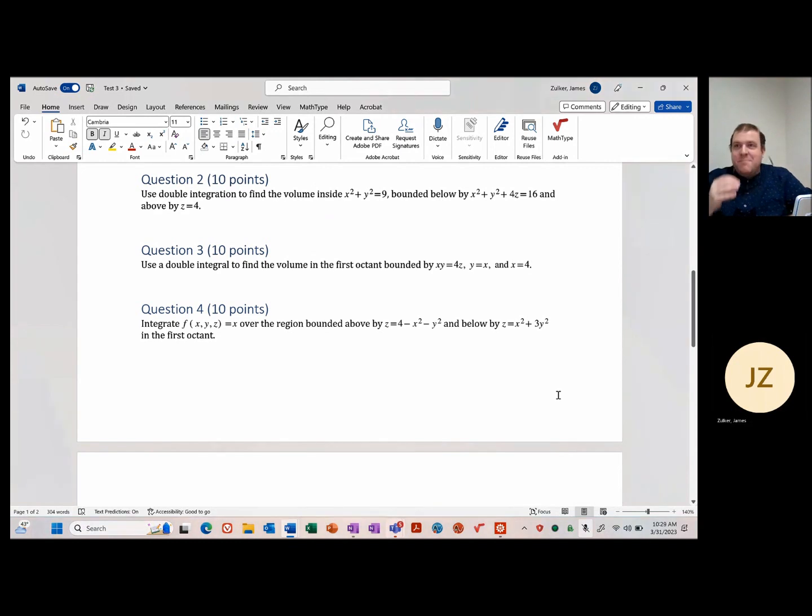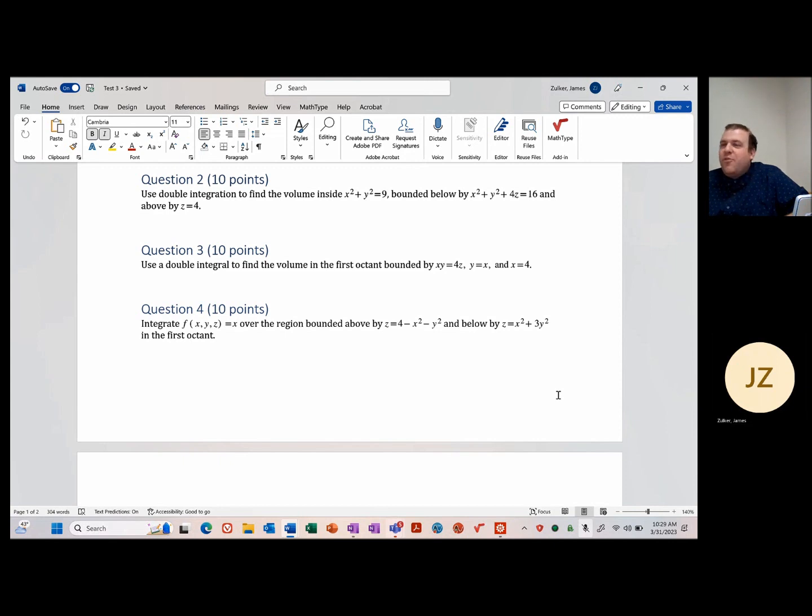I would recommend that you attach screenshots of the regions that you're using to set up your integrals. I'd also recommend you include the code.